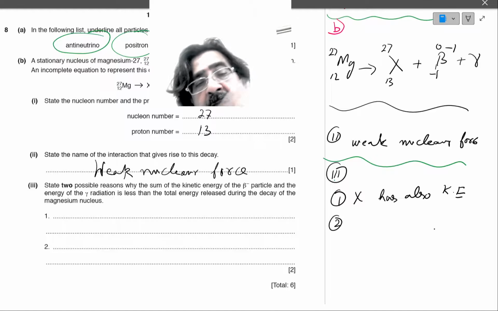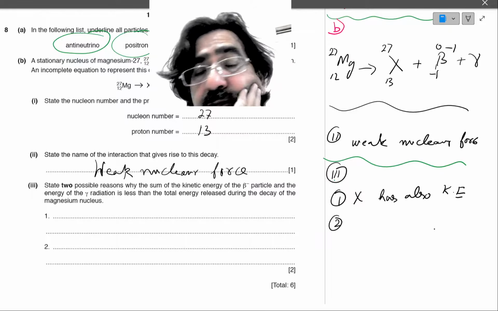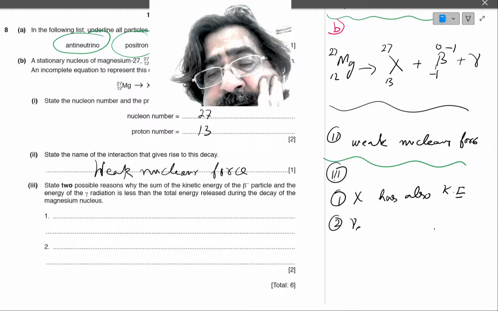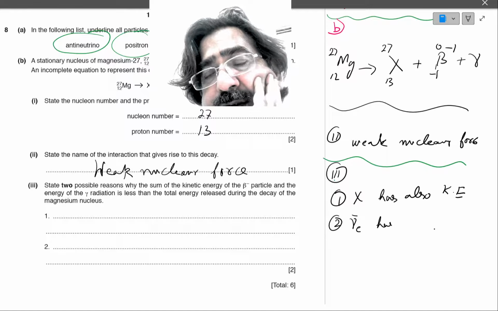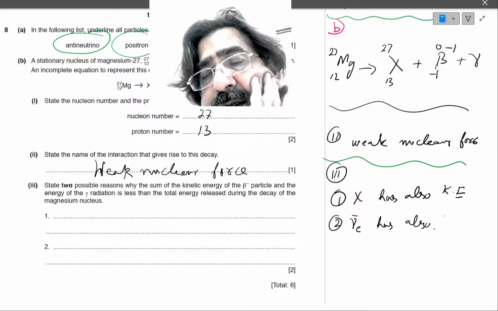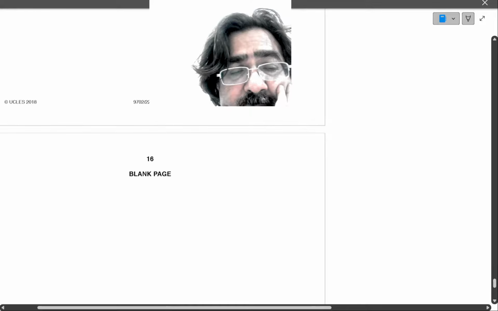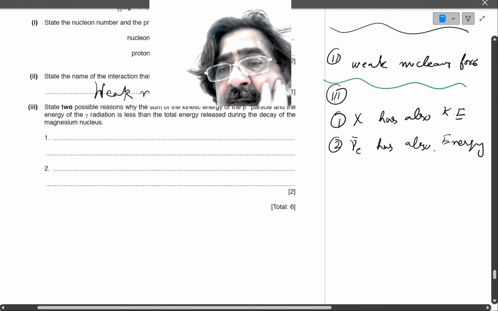Second, the antineutrino has also energy. So those are the two reasons, and that was the last question.